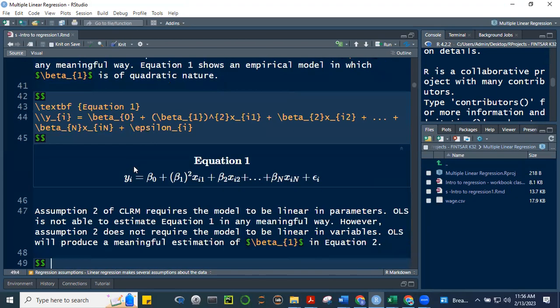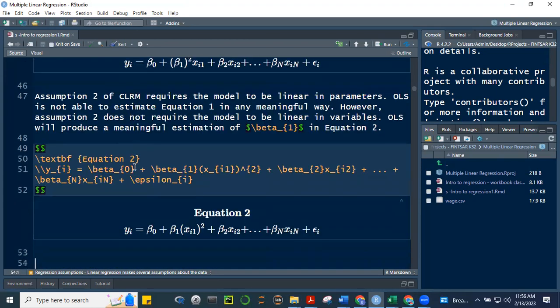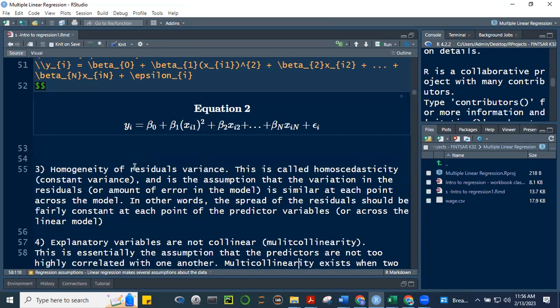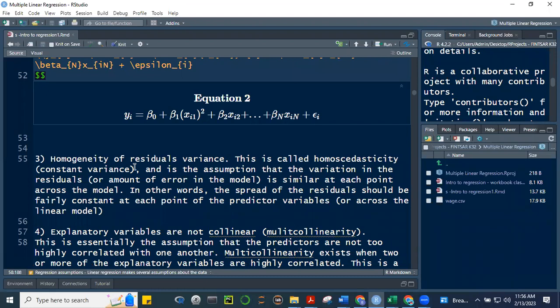Third assumption, residuals. The residuals should be homoskedastic. When we say homoskedastic residuals, it means the residuals have constant mean and constant variance. Also, the residuals should be normally distributed, number 6.